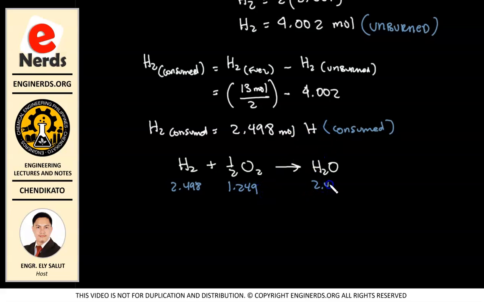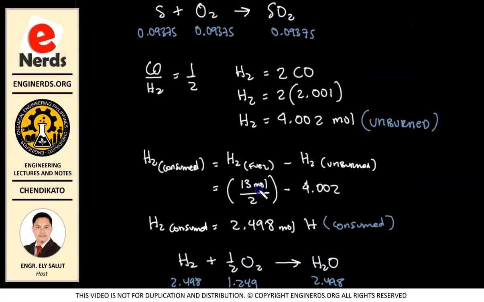So our O2 consumed in converting H2 to water is 1.249. So how much O2 is used? O2 used in actual combustion, right? We just need to add all of the O2 used in our actual combustion process.